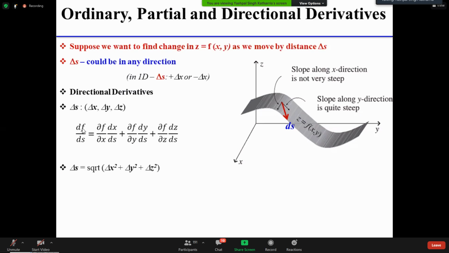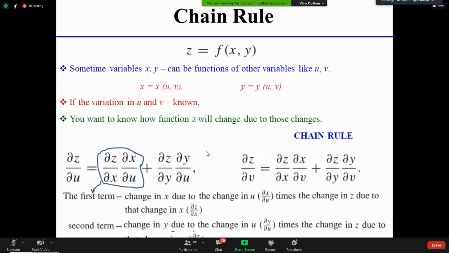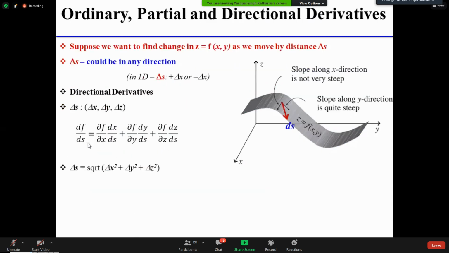So this derivative here, df by ds, is given by the chain rule that I have introduced here. So df by ds is basically del f by del x into dx divided by ds. I hope you now understand this term. Similarly, plus we have del f by del y into dy by ds, plus del f over del z into dz over ds. This arbitrary change delta s could be in any direction.